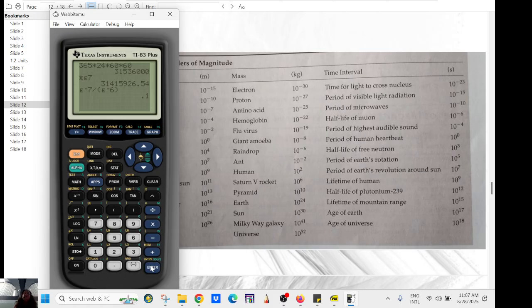So that will be 0.1. 10 to the negative 7 is 0.1 micrometer. So it means it's really, really small, right? So 0.1 micrometer.